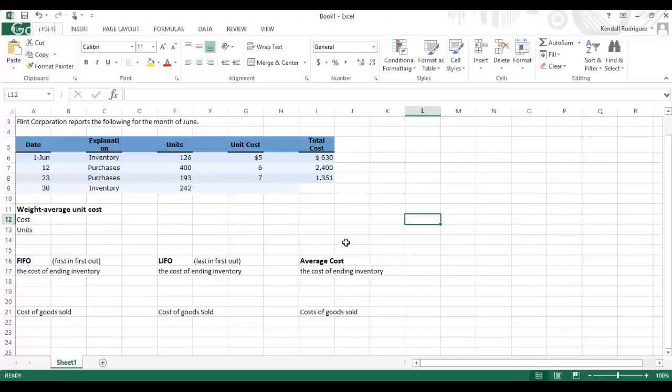Okay, so with this one, it wants us to first calculate the weighted average unit cost. What we're going to start by doing is adding up all the costs, each purchase and inventory.